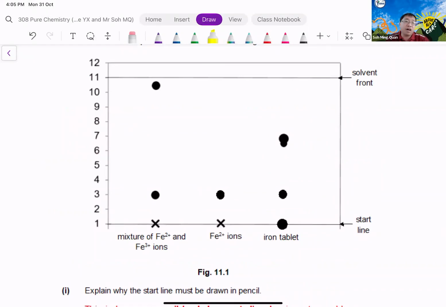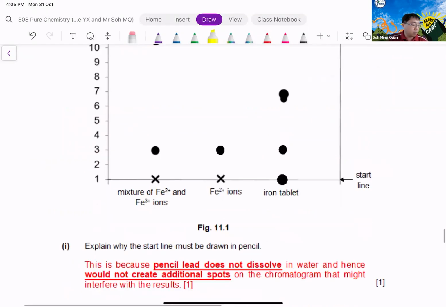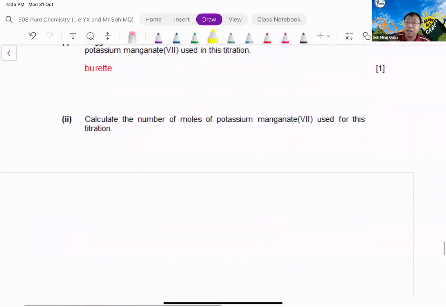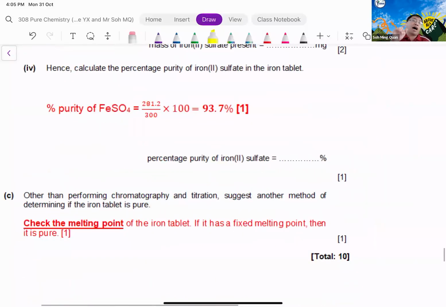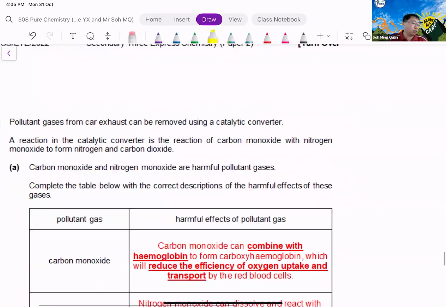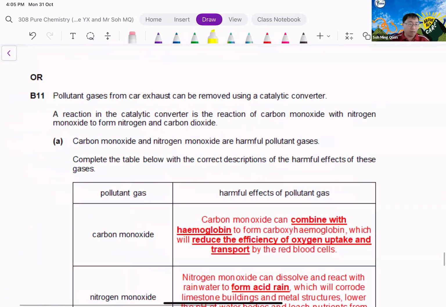So that means either must be chromatography. Even without me saying, this is some titration mole concept thing, right? So now you're going to ask yourself, if your chromatography and titration are not so good, would you want to do this question? The next question, the or question, it's on pollution.